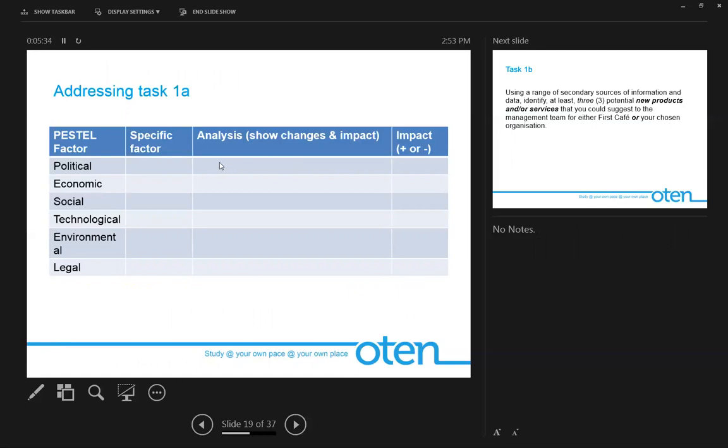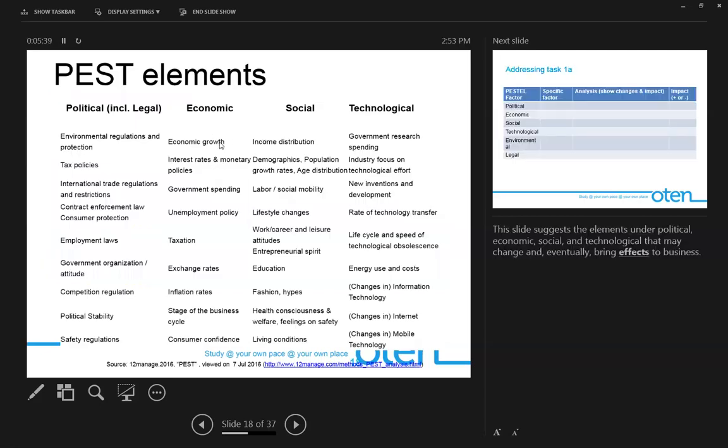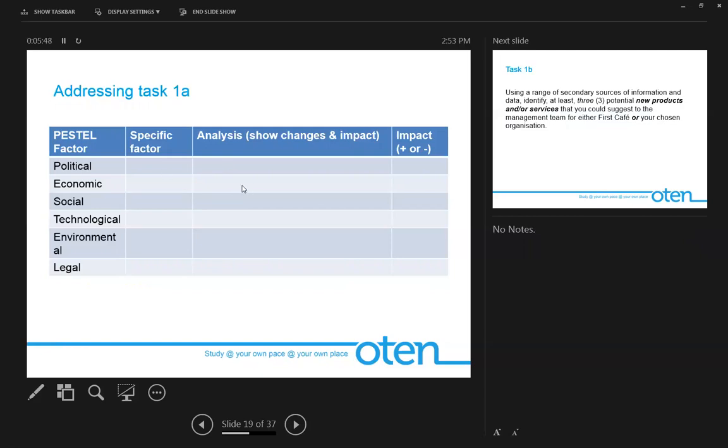From an economic perspective, let's say you look at economic growth in Australia, government spending, or the interest rate, and you outline the changes in interest rates. If you show a graph that shows the changes, that's perfect. And you outline how they affect the business. And here is your verdict, whether it is positive or negative.